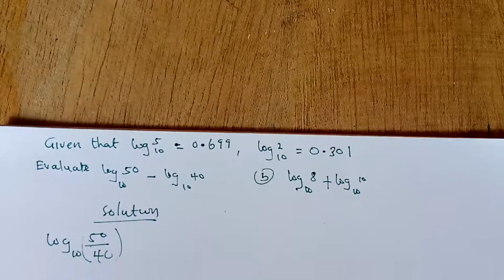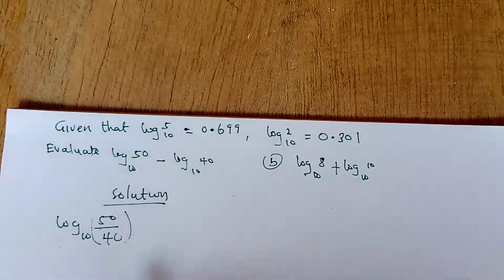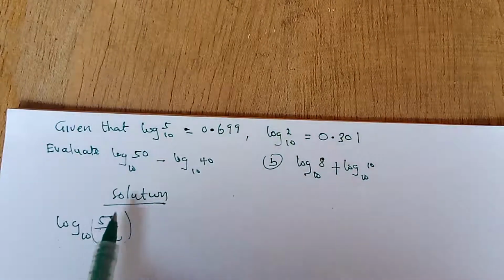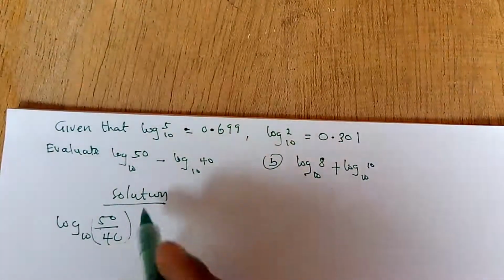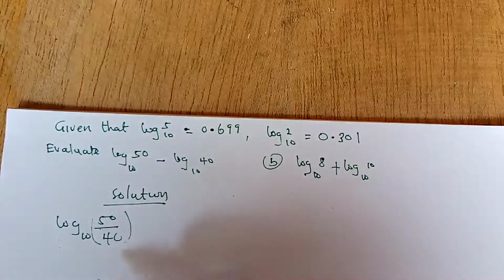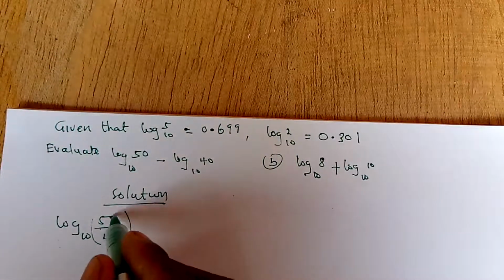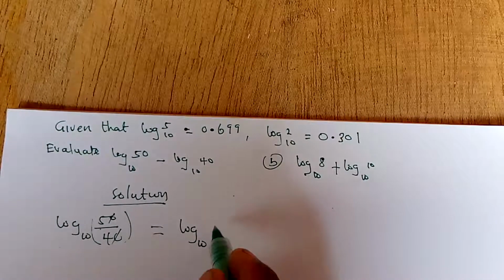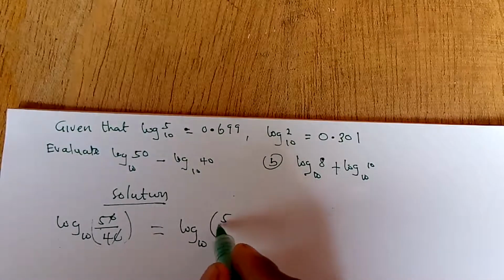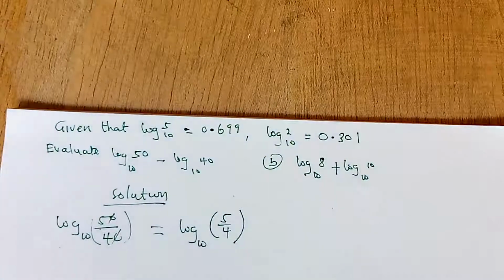If I expand this one, I'll get the same thing. We do it this way so that we can simplify this log. The 0 cancels this 0, and it will be left with log 10 and 5 over 4.